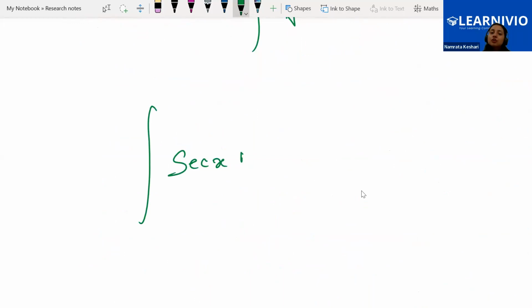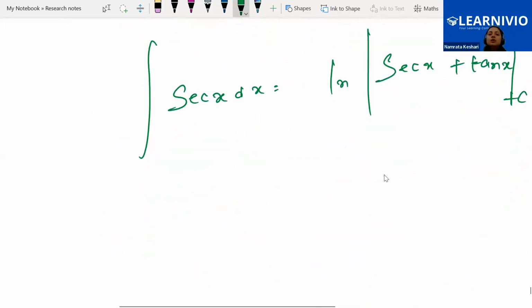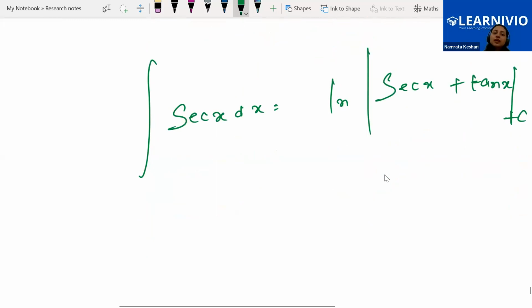If we take it by parts, it is not working. If we try to take it in terms of cos, it is not working. So we are trying to use some concept.